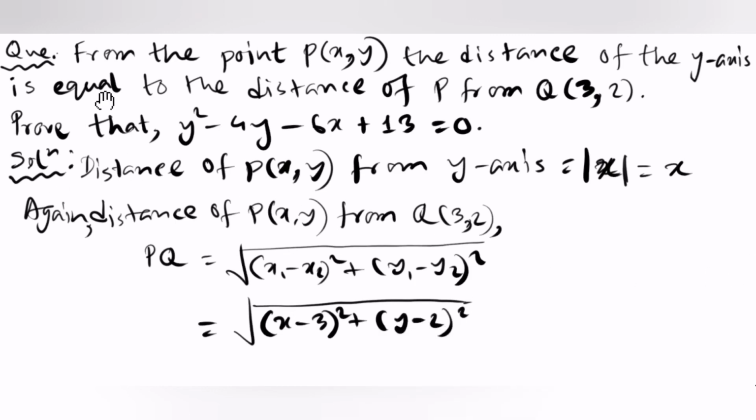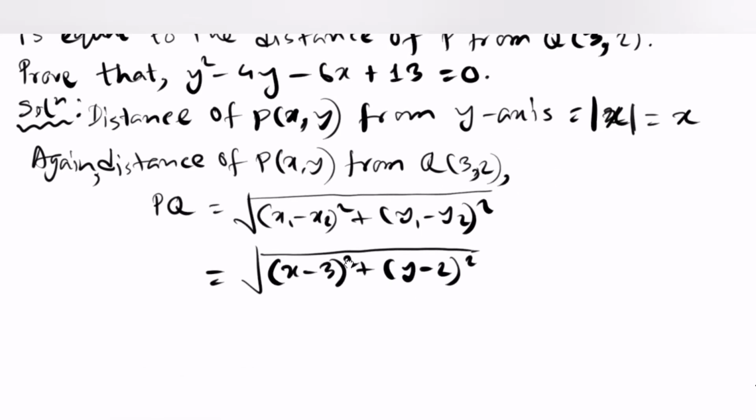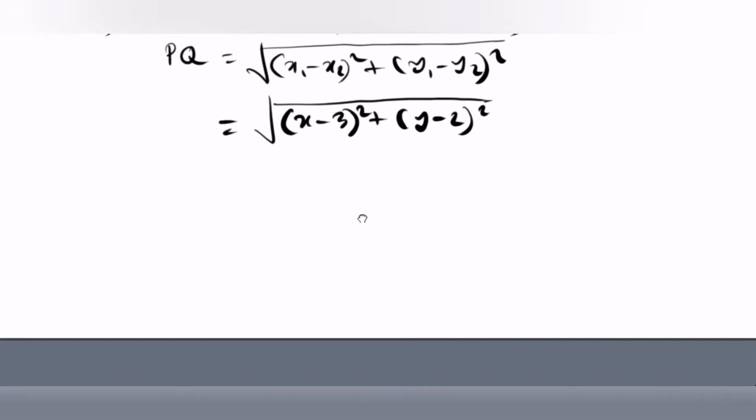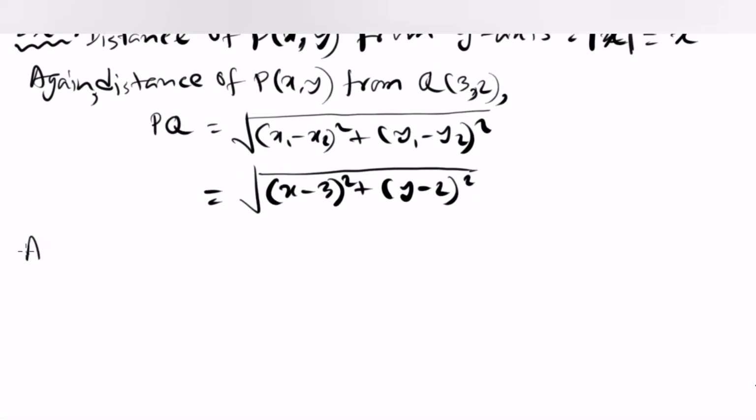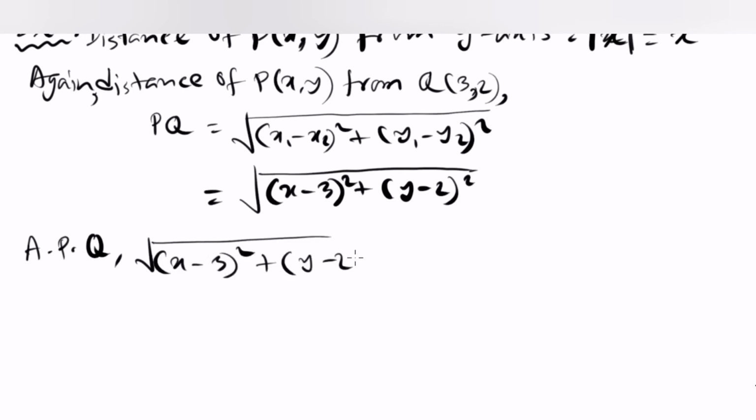The question says the distance of P from the y-axis, that means x, and the distance of P from Q, that means the square root of (x minus 3) whole square plus (y minus 2) whole square. These two are equal as per the question. So the square root of (x minus 3) whole square plus (y minus 2) whole square is equal to x.